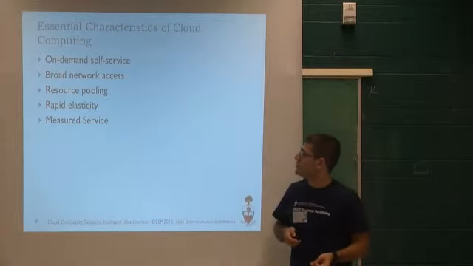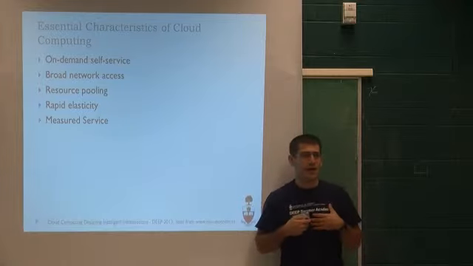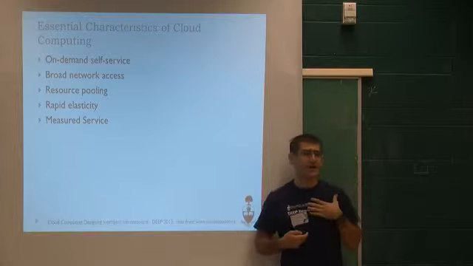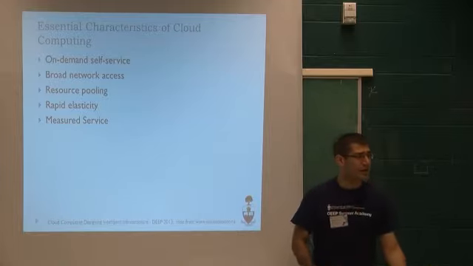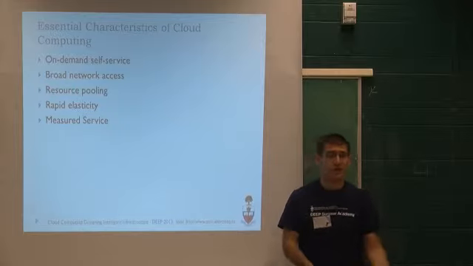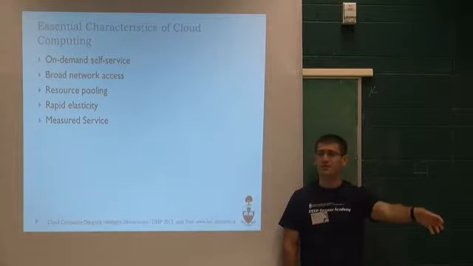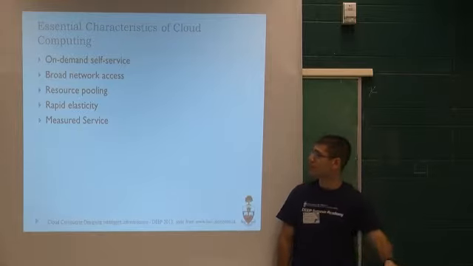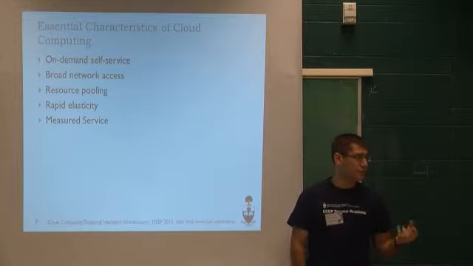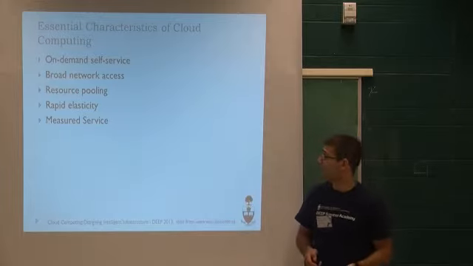Resource pooling. So this is if one of those hard drives or servers went down, that is not my problem. If I use a cloud service, then that needs to be guaranteed for me. They need to handle redundancy. They need to handle other issues. And different resources will be provided for me in order to solve my problem if there are issues happening.